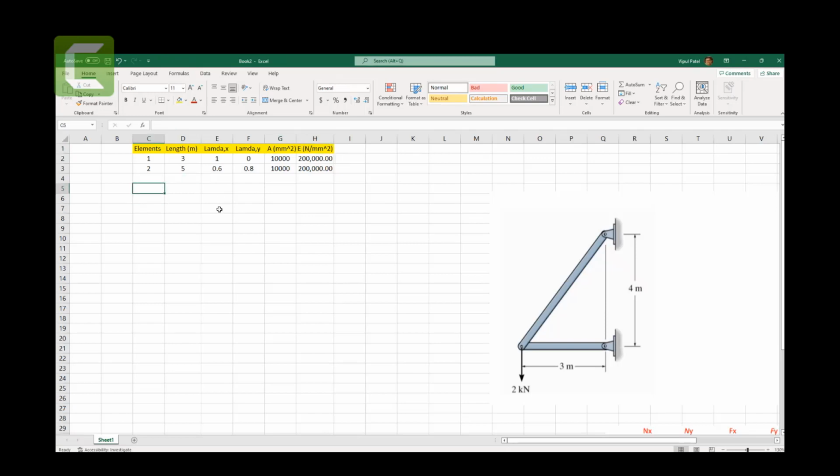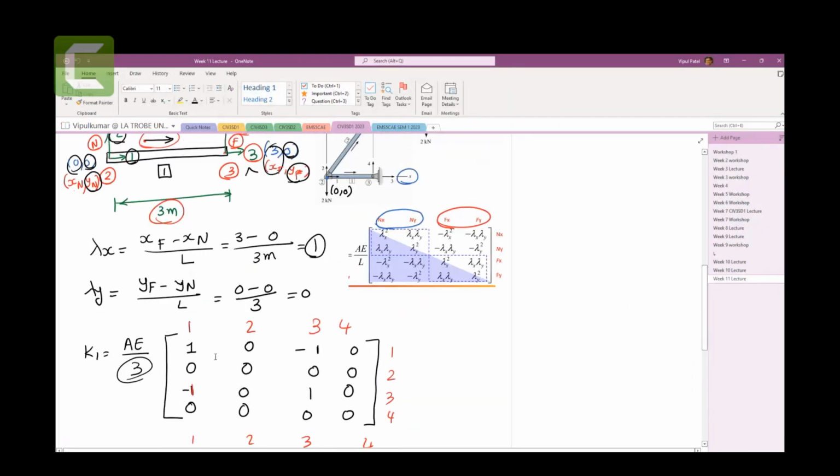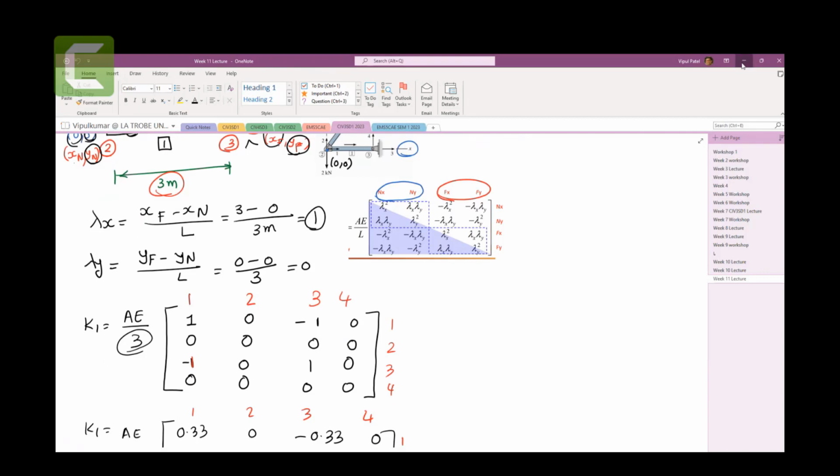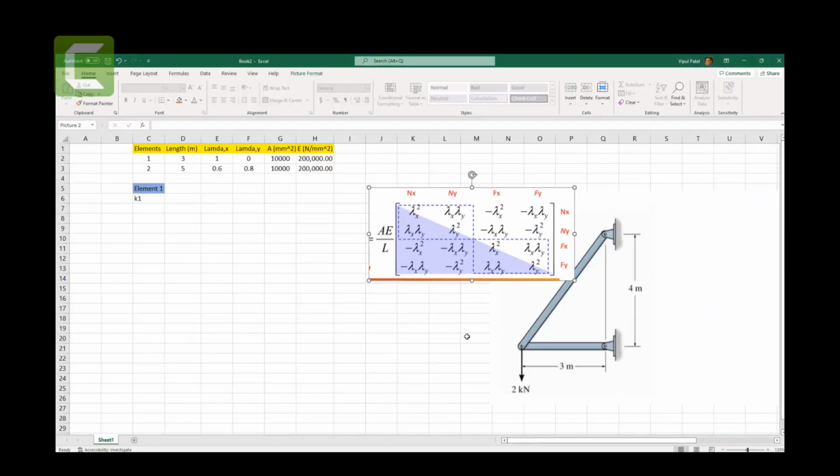So let's say we want to have element number 1. Let's use different colors. Element number 1, you remember, was K1. You remember the K1 we did here. I will keep it in front of us.